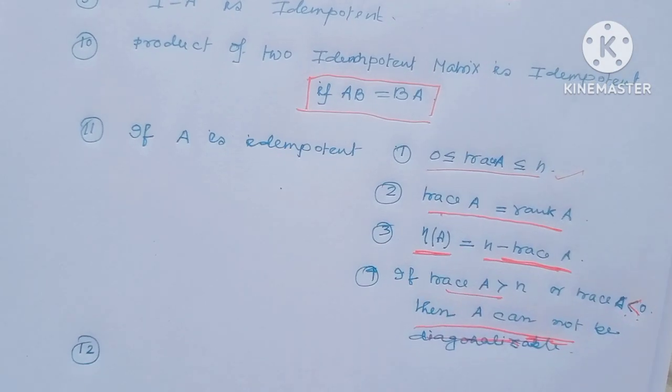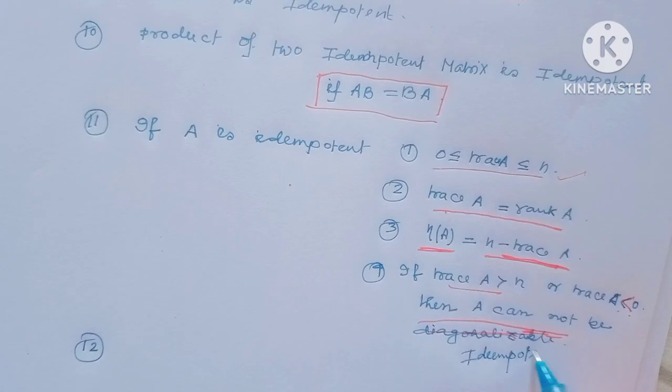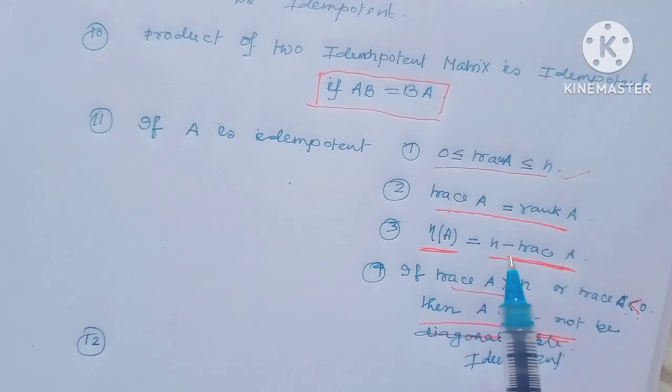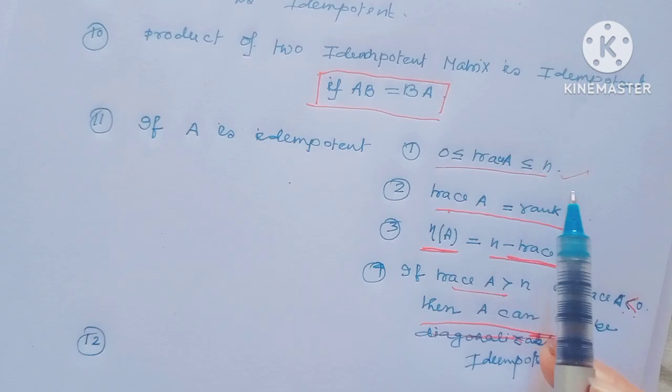For an idempotent matrix, the trace always lies between 0 and n.